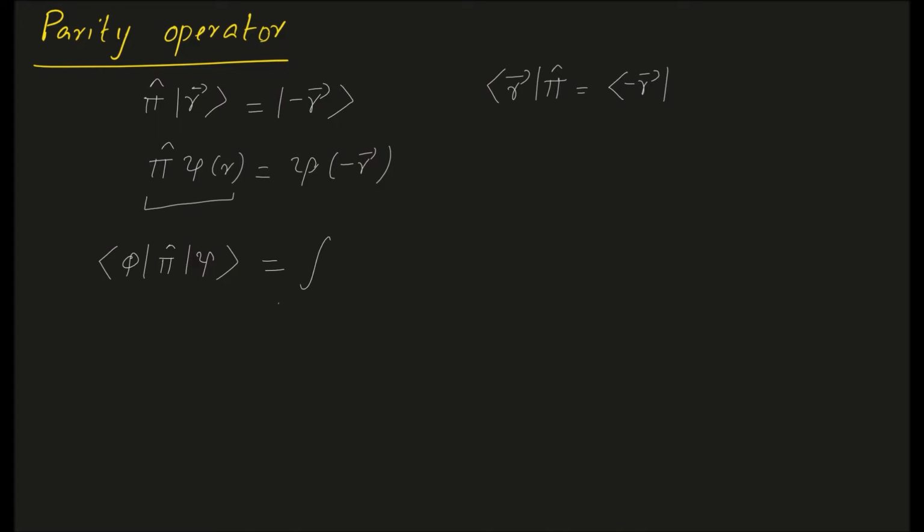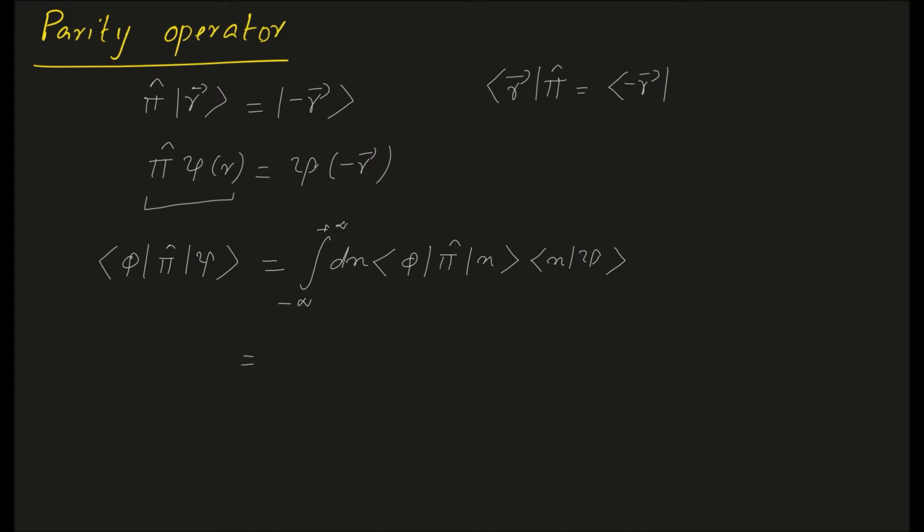We can write it as the integral from minus infinity to plus infinity, considering the one-dimensional case for simplicity, dx ⟨φ|π, then the identity operator in position space, |x⟩⟨x|, then ψ.